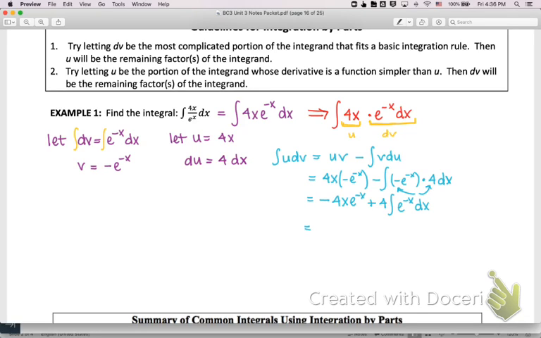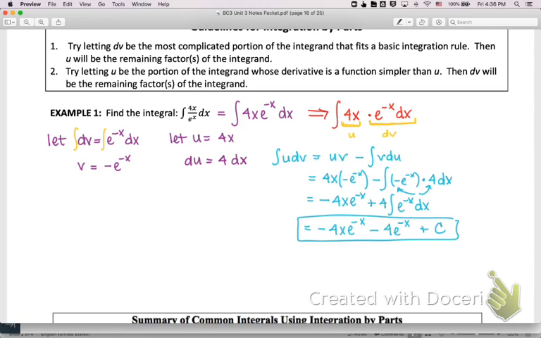So this all works out to negative 4x e to the negative x minus 4e to the negative x plus c. And that's it. That's our integral. This is how we use integration by parts, and I think it's so cool. It is just kind of like some magic happening.